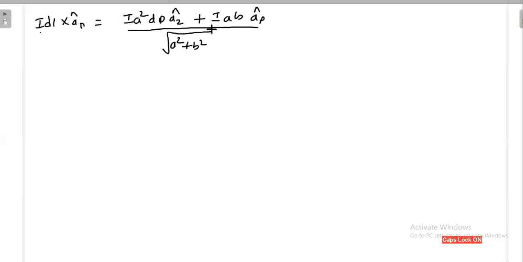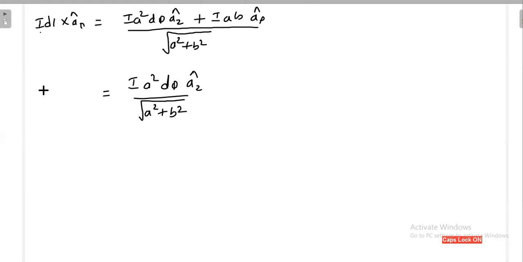Now, if you observe carefully, from these two terms the final answer will be due to only the first term, I a square dφ a_z cap, over a square plus b square.